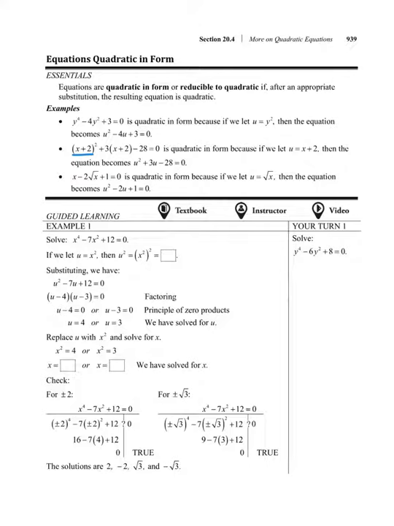Alright, so looking through the examples, your turn 1. Solve y to the fourth minus 6y squared plus 8 equals 0. Well, in order to solve it, I need to put it in quadratic form. So instead of y to the fourth, I'm going to write it as u squared minus 6u plus 8 equals 0. Because if I have it in this form, then I can factor it.